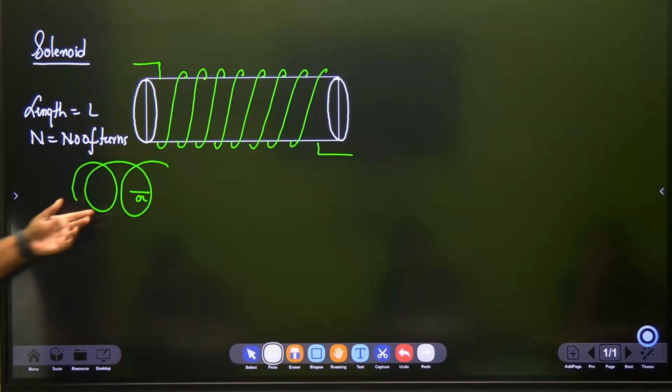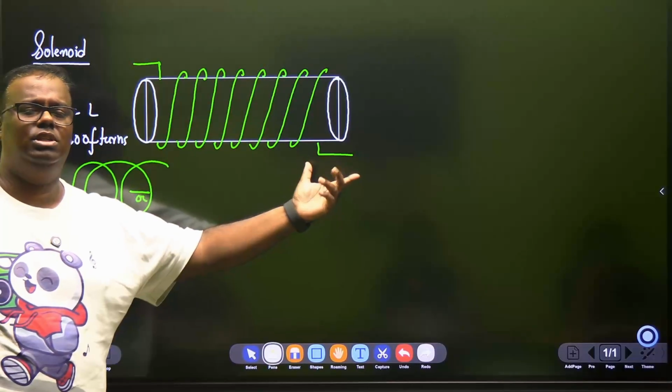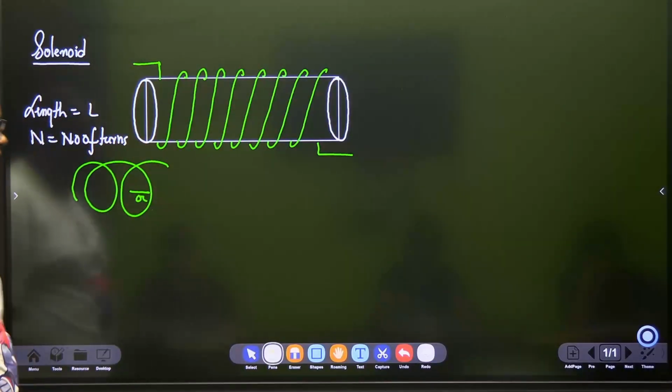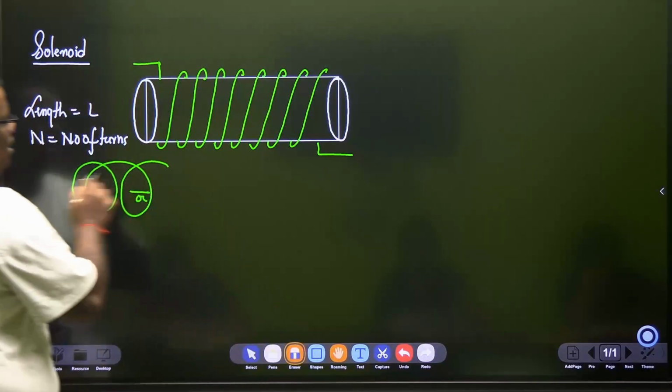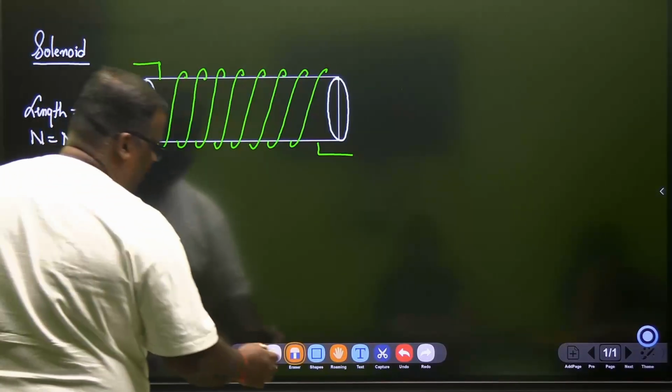In a solenoid, the length is much more compared to the radius. So the radius of a solenoid does not have any importance as such, and the number of turns is very high, a huge number of turns.